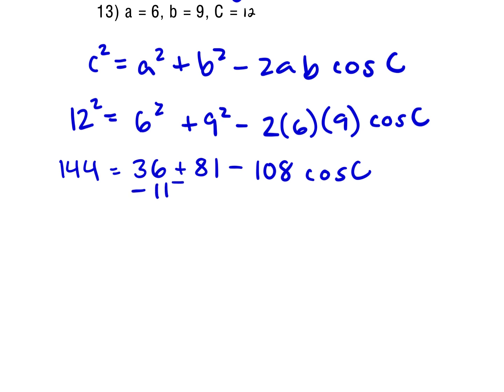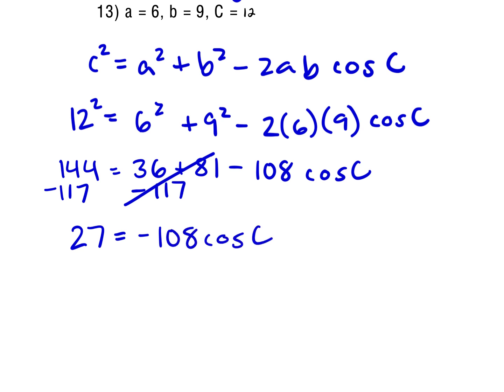So I'm going to subtract 117 from both sides. 144 minus 117 is 27, is equal to negative 108 times cosine of c.